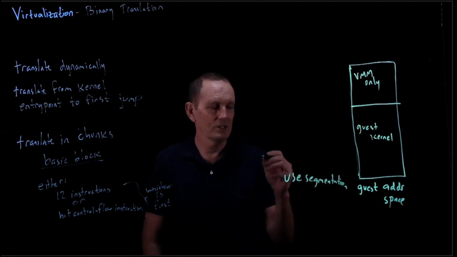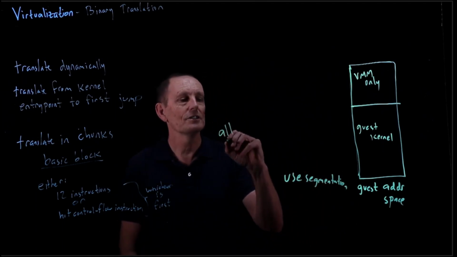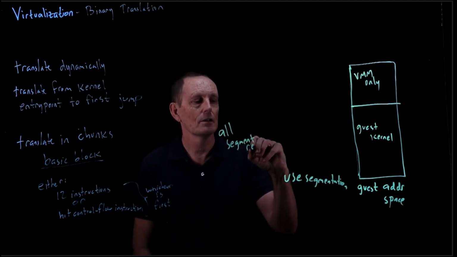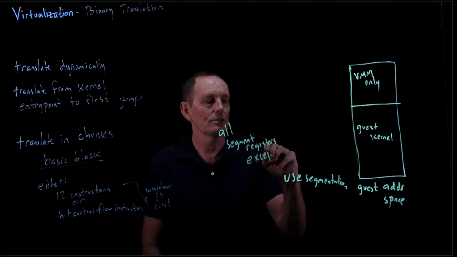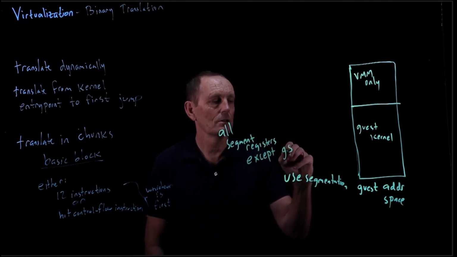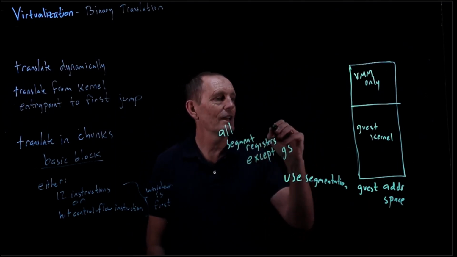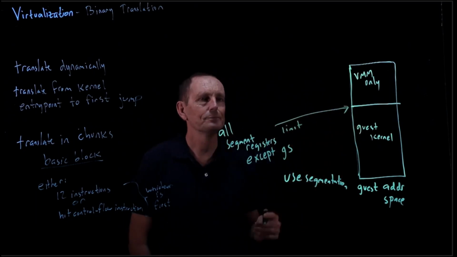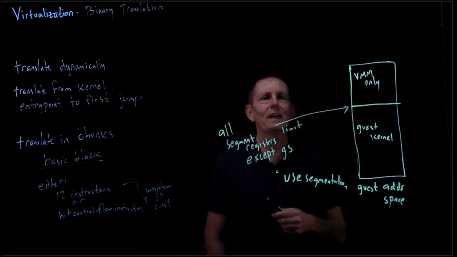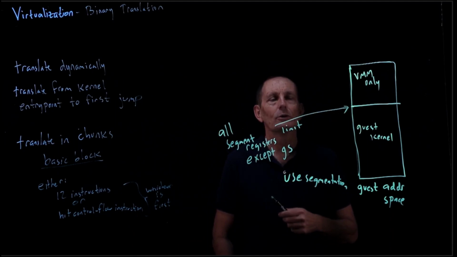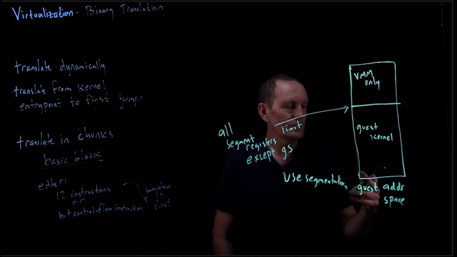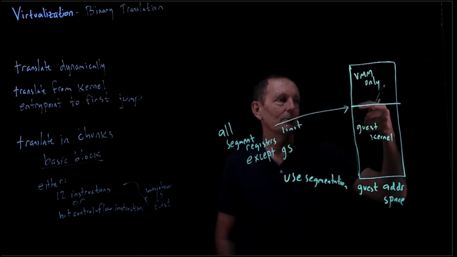So what we do is we have all of the segment registers except the GS register, which have a limit here. So what that means is, for our code segment, for instance, will have a limit register here.